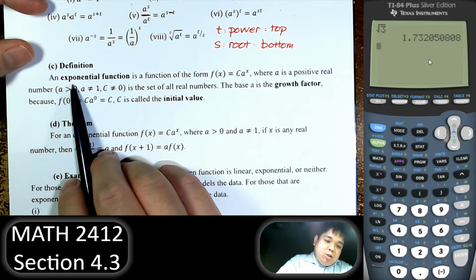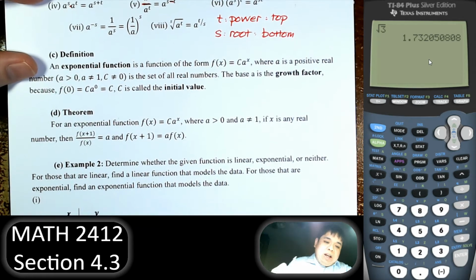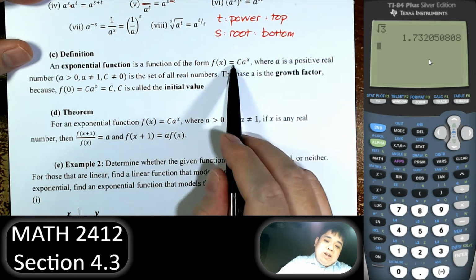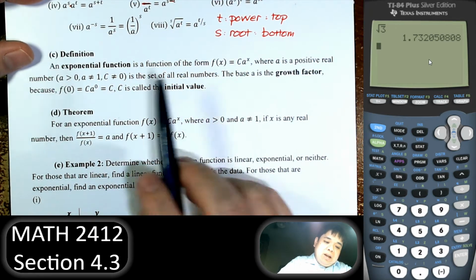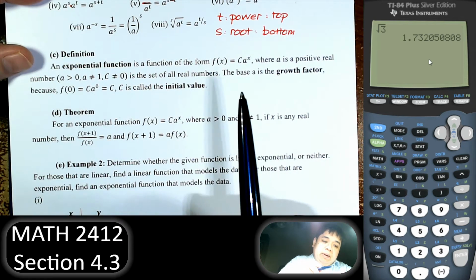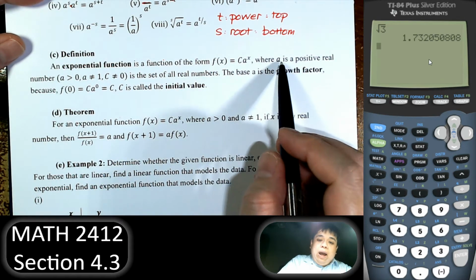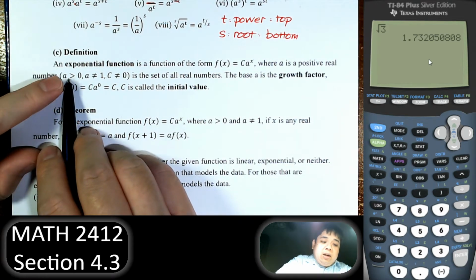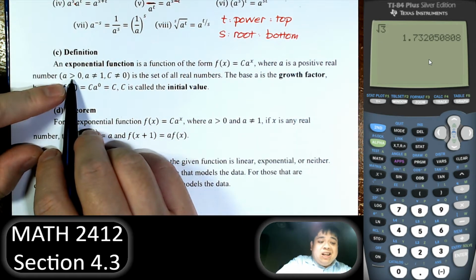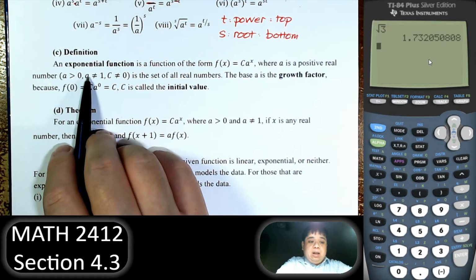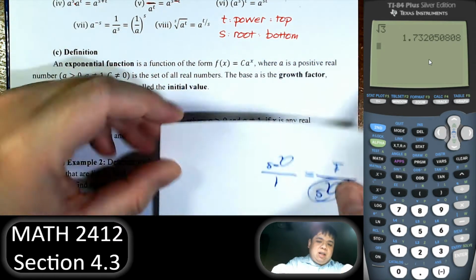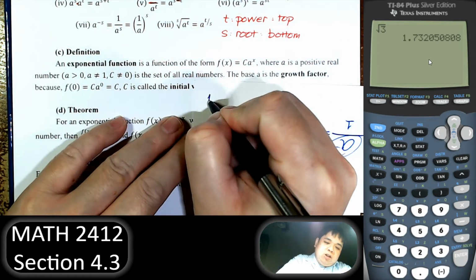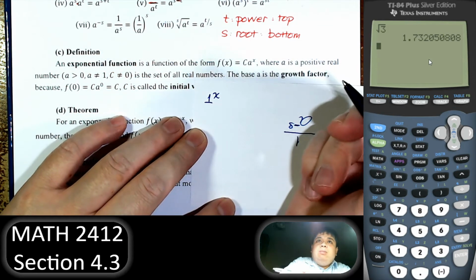Next, exponential function. We define an exponential function with a coefficient c here that is not equal to 0, where a is a positive real number. Just like before, we don't want the base to be negative, but in addition, we don't want the base equal to 1, because that's simple. If we have the function 1 to the x, it doesn't matter, right?